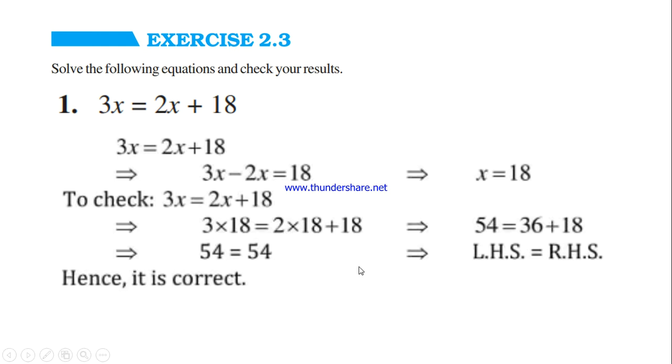When you simplify, 3 18s are 54 on the left hand side. Equal to, 2 18s are 36, plus 18. Are you getting the LHS and RHS the same or not? Hence it is correct. So we solved the equation correctly.